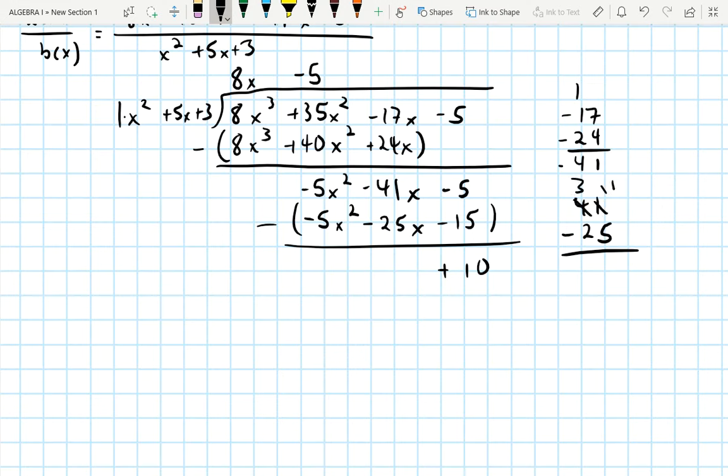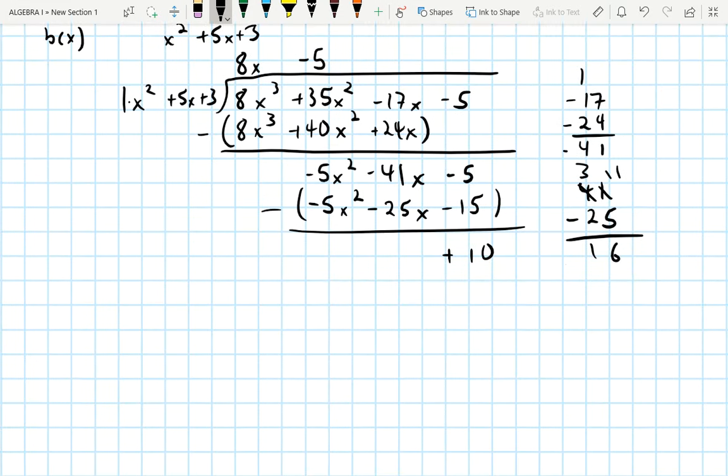That's negative 16x, right? Negative of a negative is a positive. And then negative 41 is larger than positive 25, so the difference between the two is 16. Negative 5x squared plus 5x squared, they're going to cancel out.